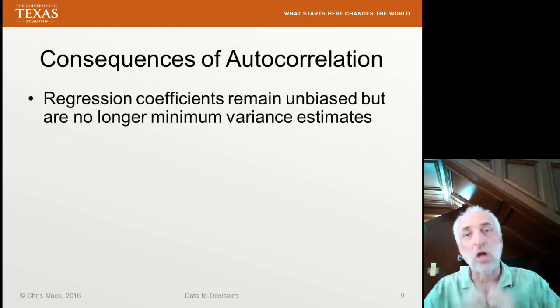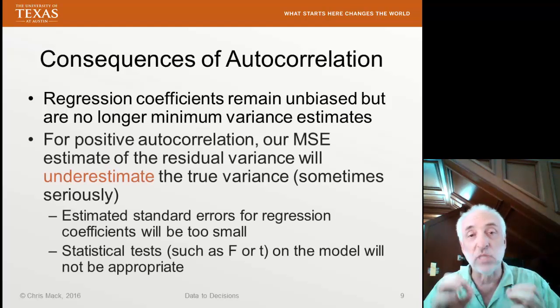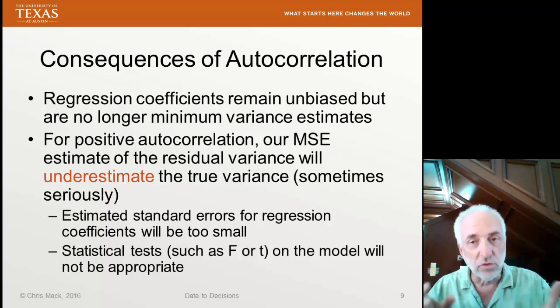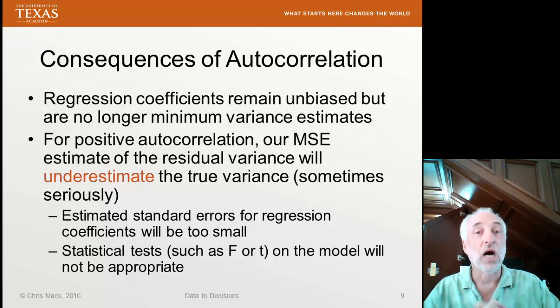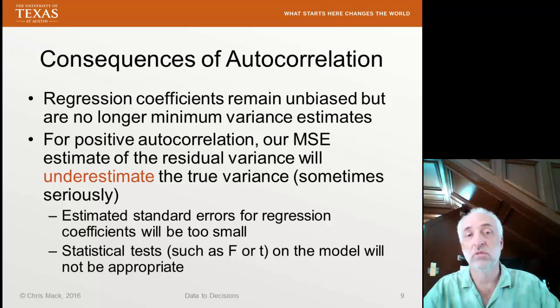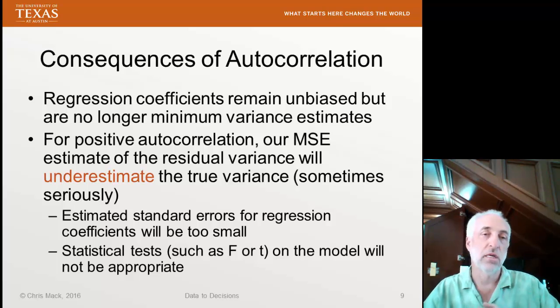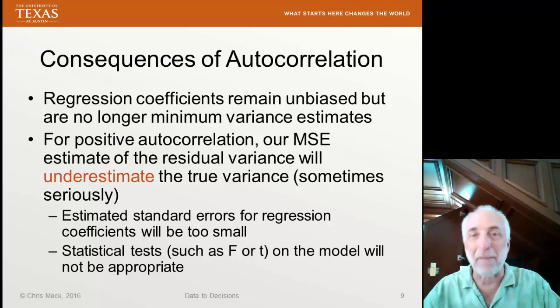However, they are no longer the minimum variance estimates, and our estimates of the mean square error of the residuals and residual variance will be smaller than the true value. We're going to underestimate how much variation there is.